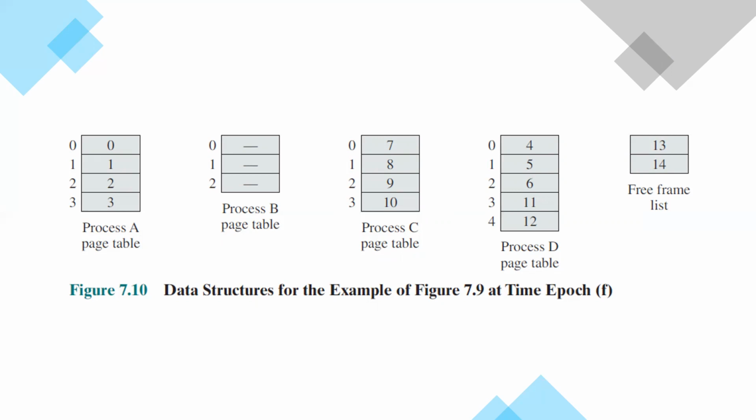A page table contains one entry for each page of the process, so that the table is easily indexed by the page number, starting at page 0, of course. Each page table entry contains the number of the frame in main memory, if any, that holds the corresponding page. In addition, the OS maintains a single free frame list of all frames in main memory that are currently unoccupied and available for pages.